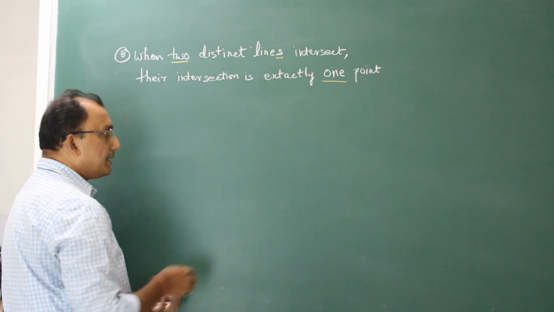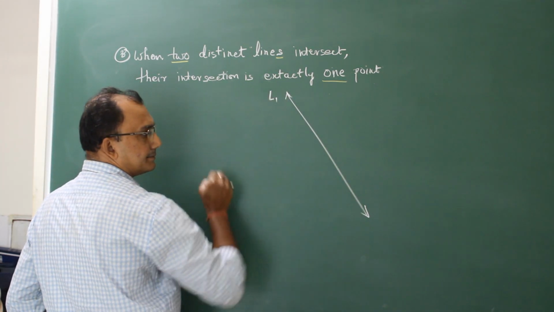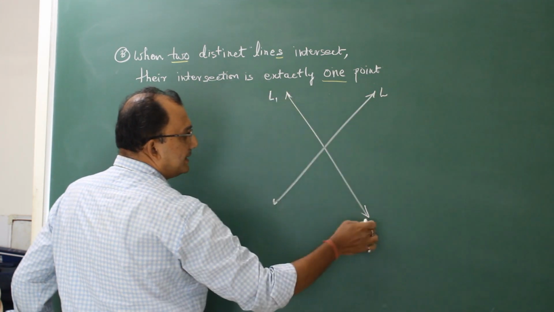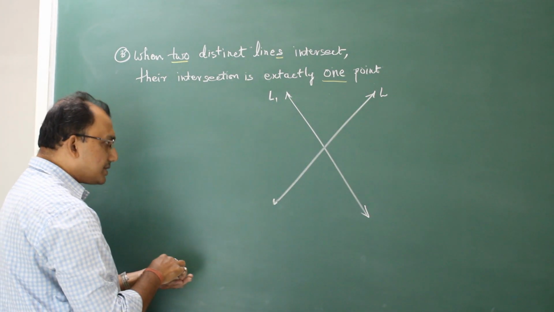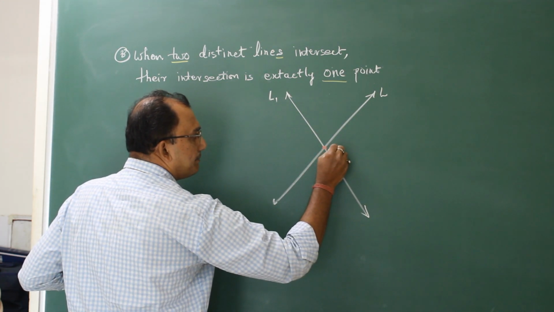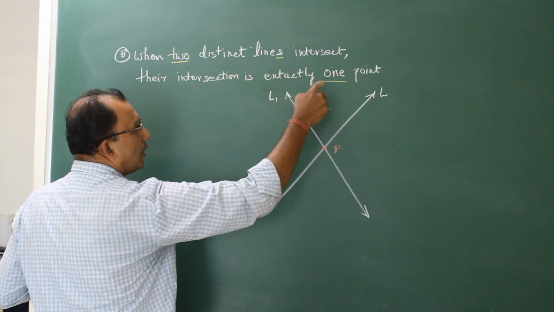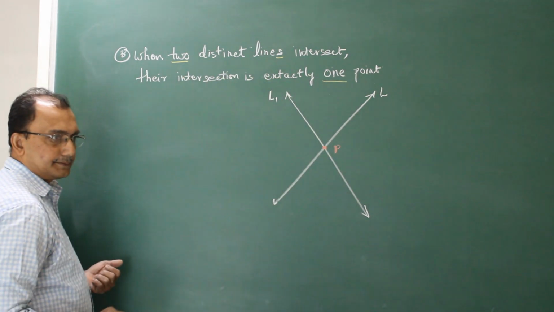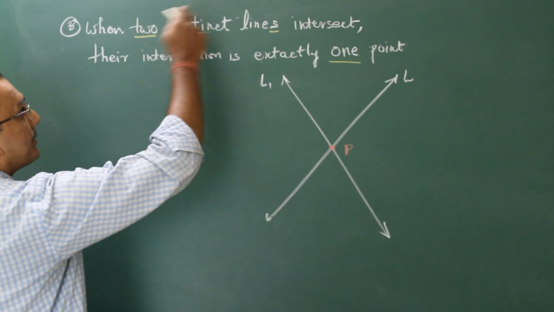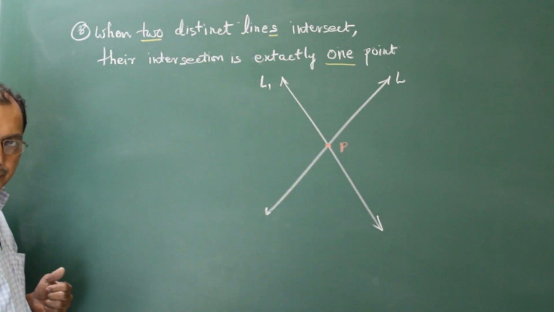It means we have two lines, line L1, line L2. When they intersect, the intersection gives rise to a point. This is point P. It means the intersection is exactly one point.